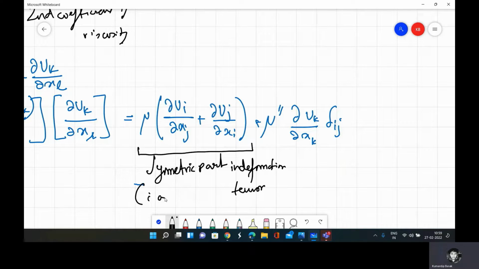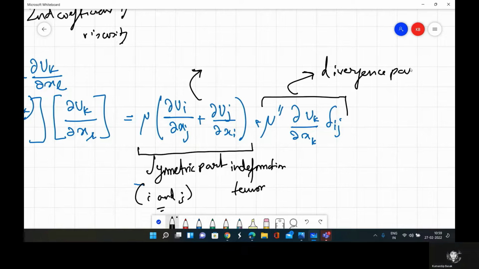Symmetric in i and j, because if you interchange i and j, this will remain the same. And what is this part? This part is a divergence part. You understand, right? Here is the repetition of index k. So this is nothing but the divergence. So you can say if the fluid is divergence-less, this part will become 0. As simple as that. Fine.